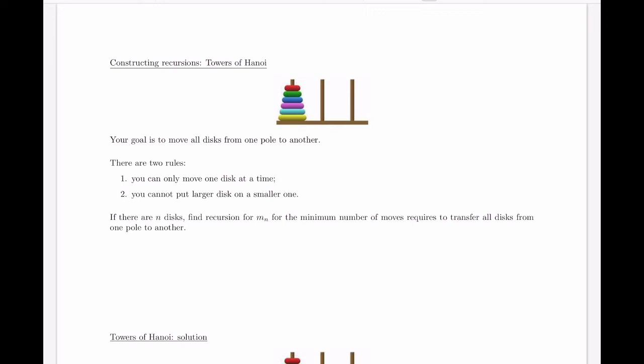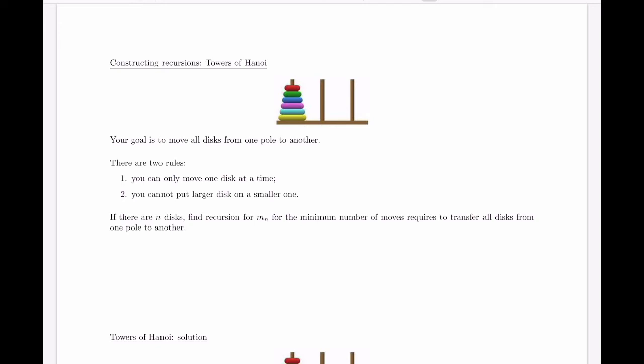There's also a legend that in the temple, the number of discs on this tower was very large, and if the puzzle was completed, that would be the end of the world. Thankfully, the number of discs is so large that the puzzle will not be completed for a very, very long time.